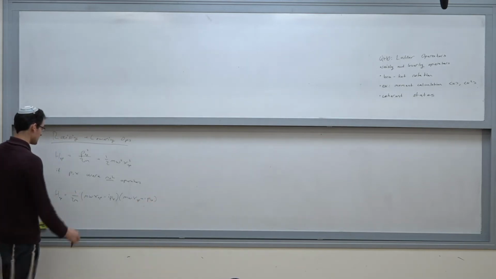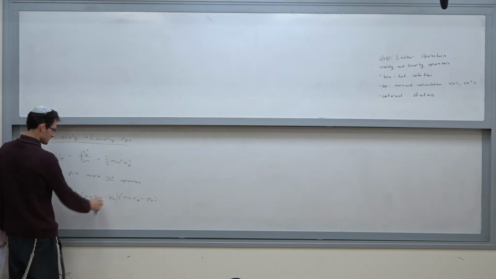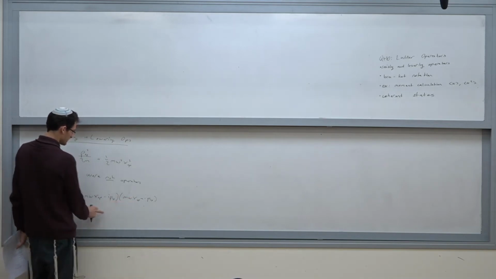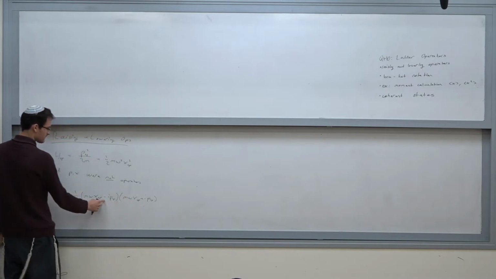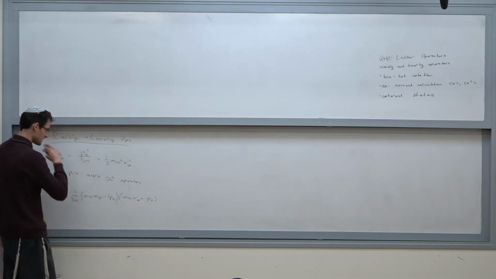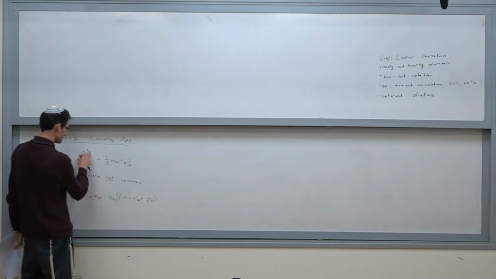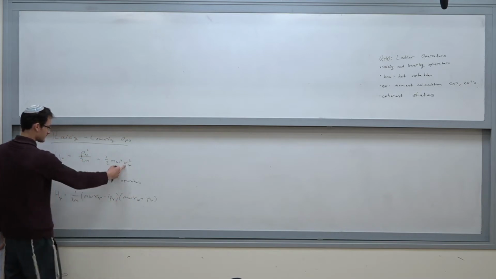So you see that when I multiply these, actually 4 terms when you multiply this by this, but 2 of them cancel, because there's a minus here and a plus here. And the remaining 2 terms are this p squared and this x squared.